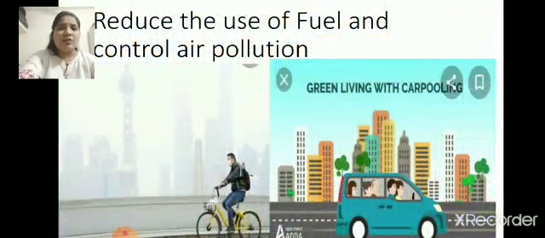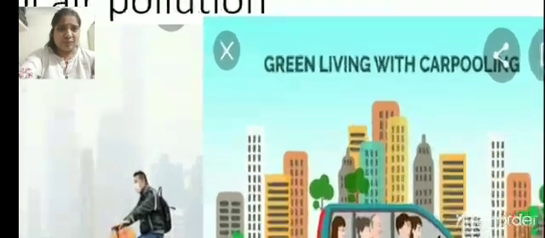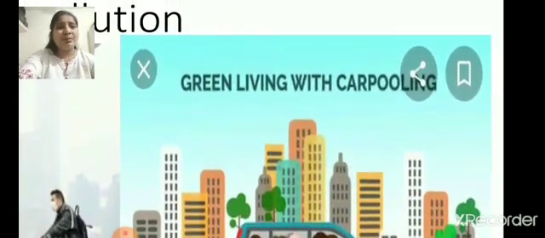When we ride a bicycle or use a vehicle like a bicycle for moving from one place to another, definitely we conserve the environment. Yes, children, we control air pollution. Now what do you mean by carpooling? In the next picture, the question comes to your mind, what do you mean by carpooling?